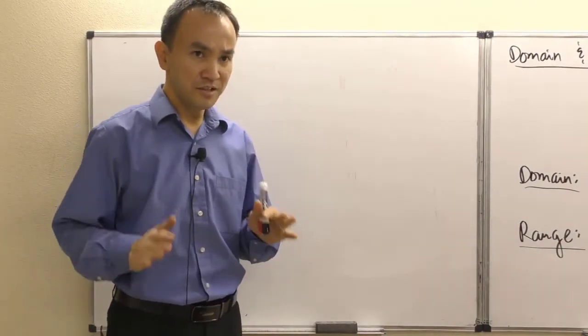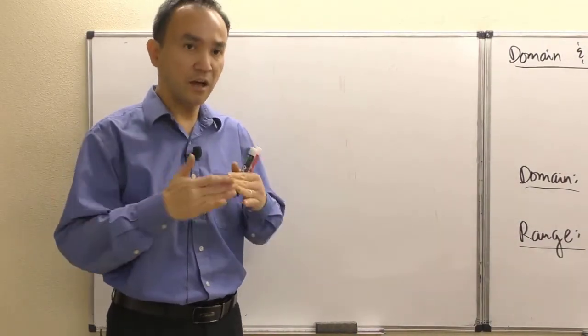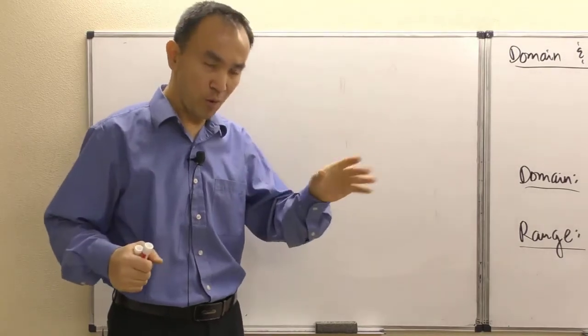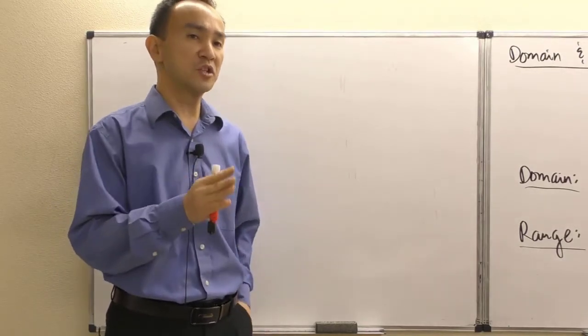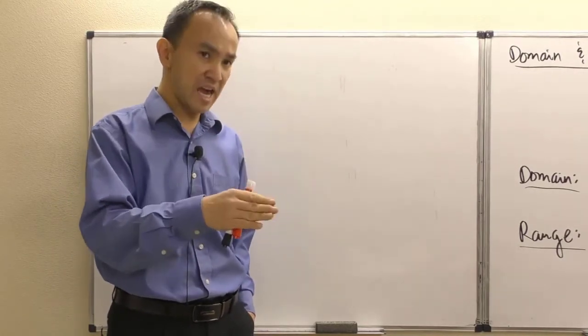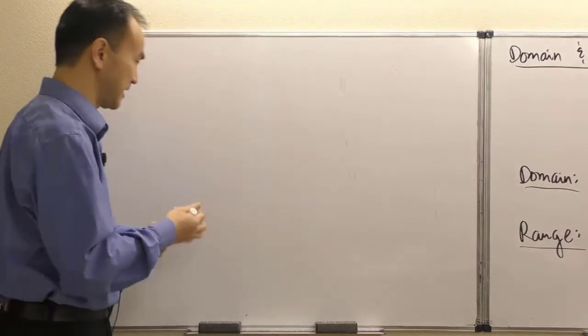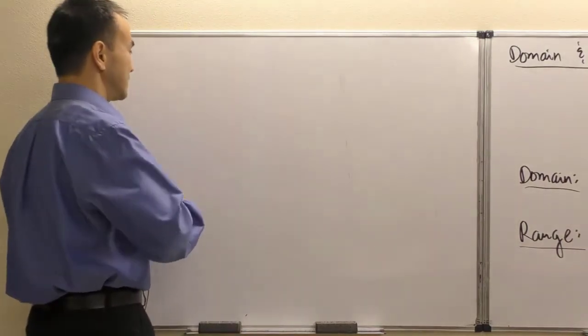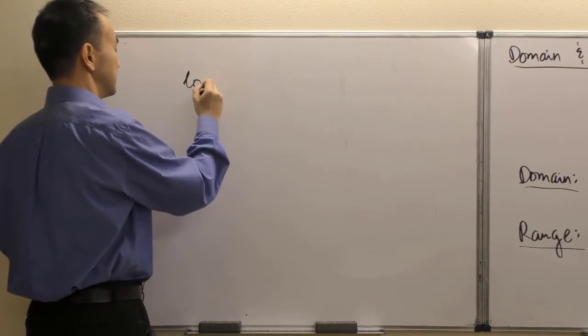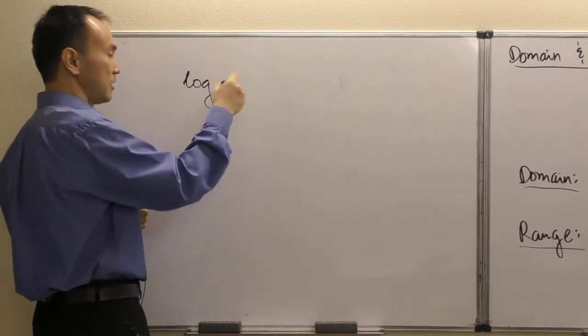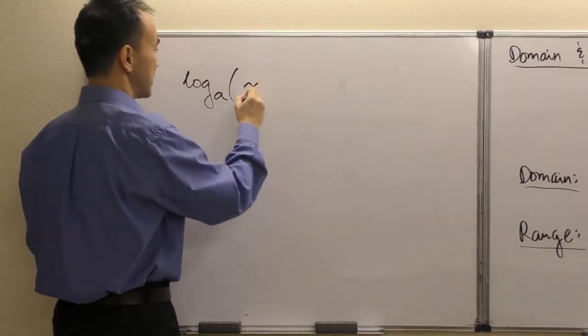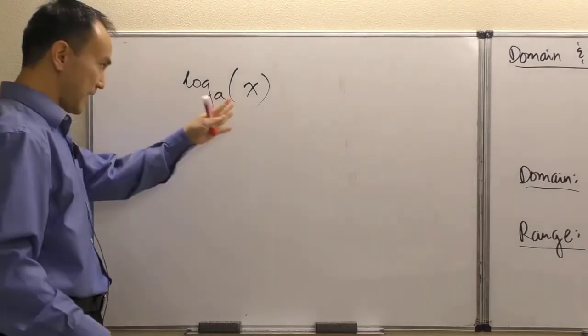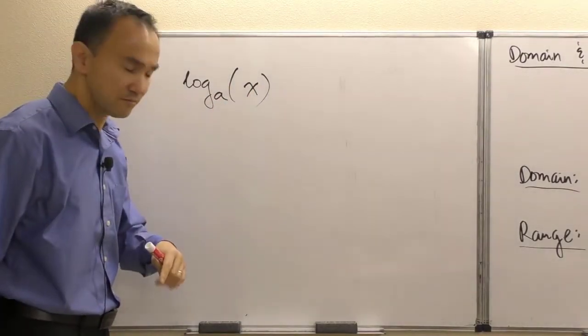So now that I've made it clear that a logarithmic function, at least a simple one where the rule states take the log base a of a simple input x, that is a logarithmic function.